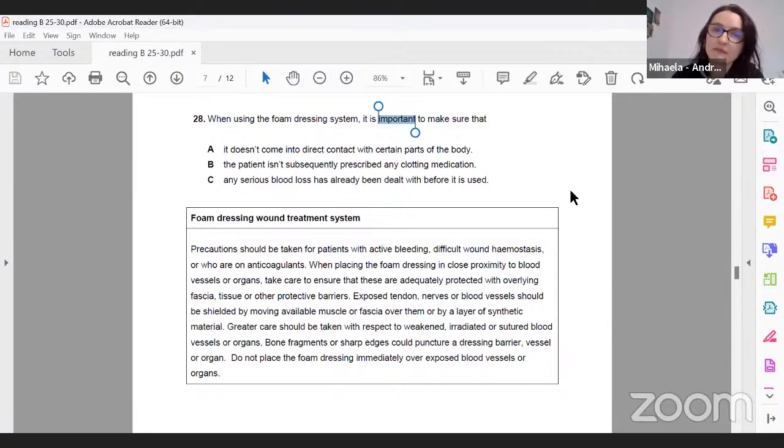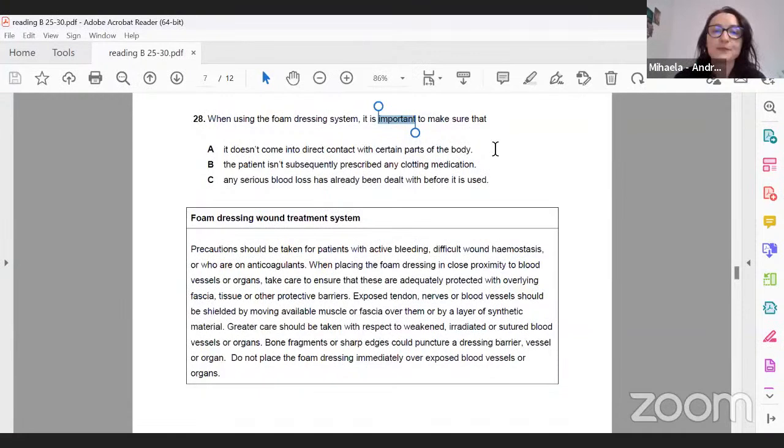I'm asking you, I'm not contradicting you. Yes, it does. Don't put it immediately over means it doesn't come in contact, because if I put it immediately over my skin, it comes in contact. If not, it means that there's something in between. Okay, good. So it is option A.